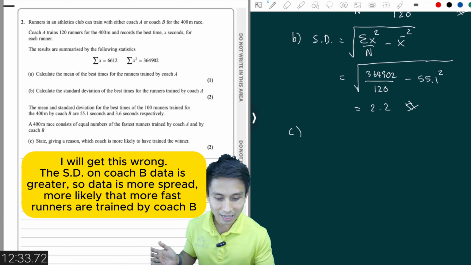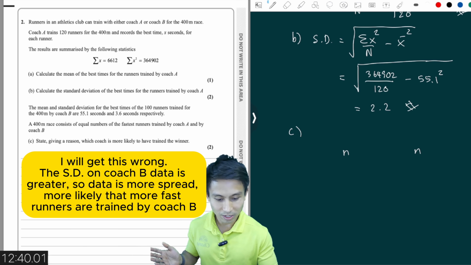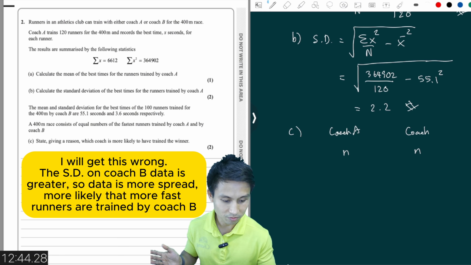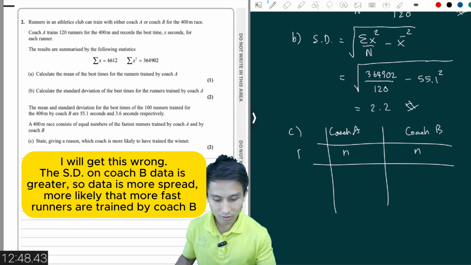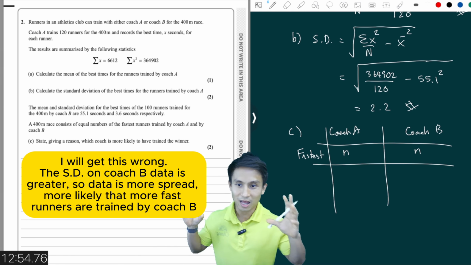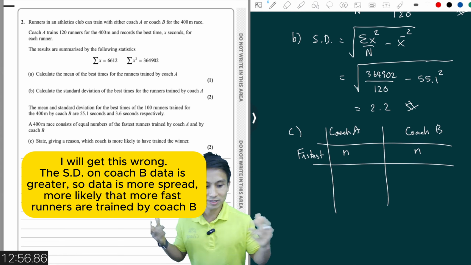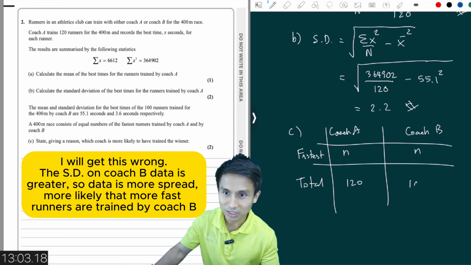So let's say that is N. Yeah? So let's say I'm going to do a table here. So by Coach A, and this is by Coach B. Okay, so it says that the number of fastest runners by Coach A and Coach B are equal in numbers. So let's say N. But the total from Coach A is 120 and Coach B is just 100.